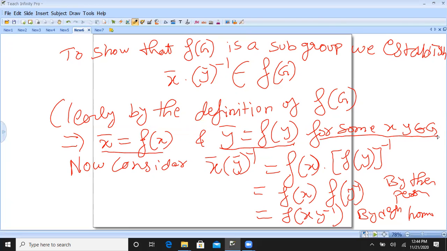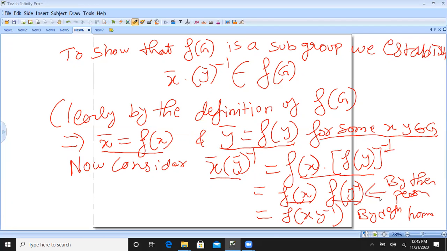Okay, now considering x bar into y bar whole inverse is equal to f of x into f of y whole inverse. Next, f of x into f of y inverse, this is by the definition of homomorphism.